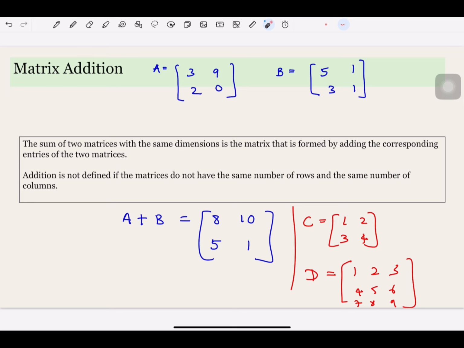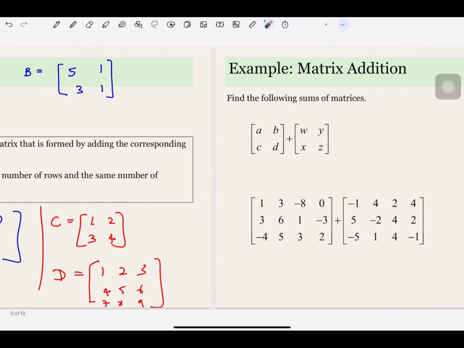So addition doesn't make much sense here. Okay, so quick summary: when you are adding two matrices of the same size, you have to add corresponding numbers. That means just the ones in the same spot. If they are of different sizes, the addition is not allowed.